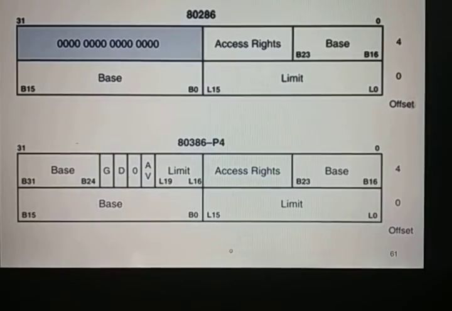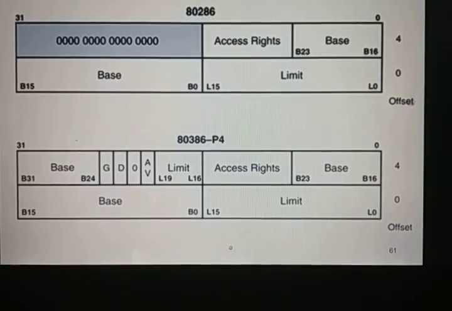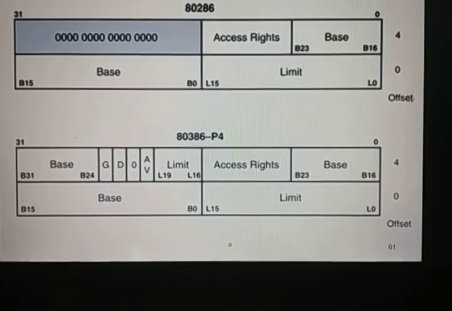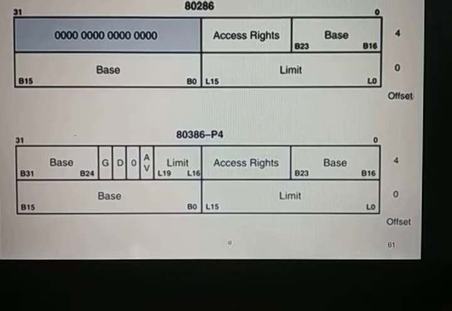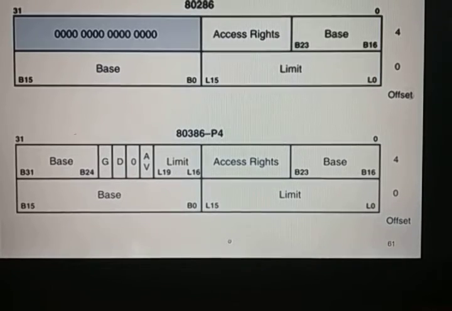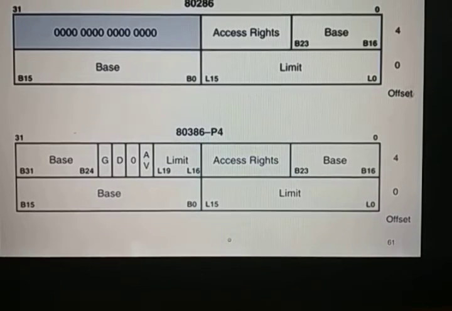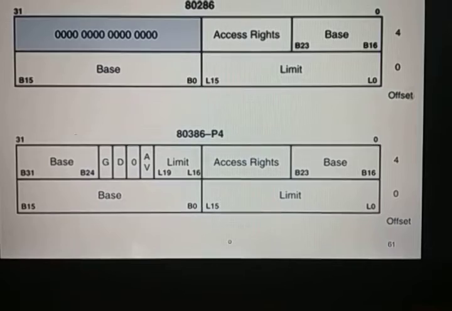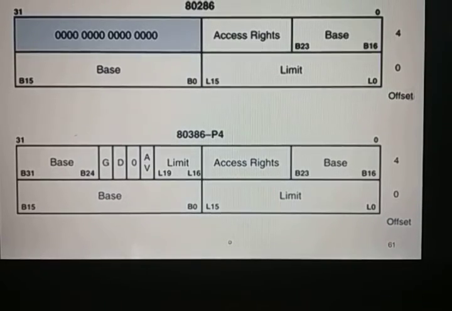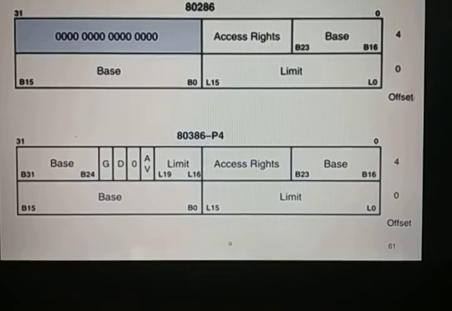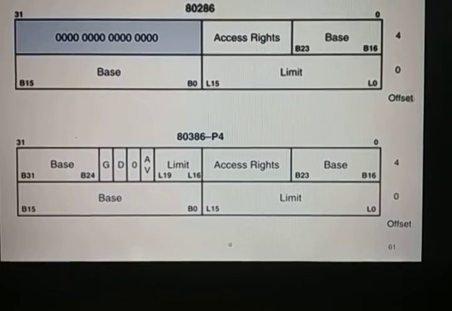Here again you have the same bits: the base address provides the base address of your segment, and the access rights bit provides access by checking the privilege level. The limit field provides the segment size. The AV bit, the available bit, checks whether it is available for the user or not. Then the D bit is your default bit or big bit.